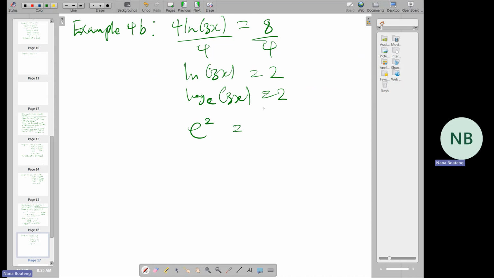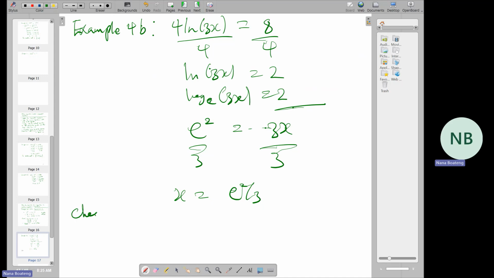By definition of logs, we can write this as e power 2 is equal to 3x. And if we divide both sides by 3, then we have x is equal to e power 2 divided by 3.